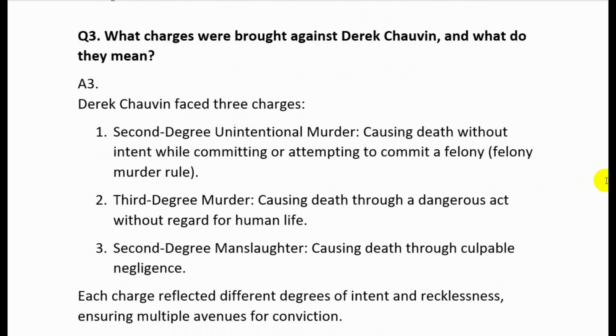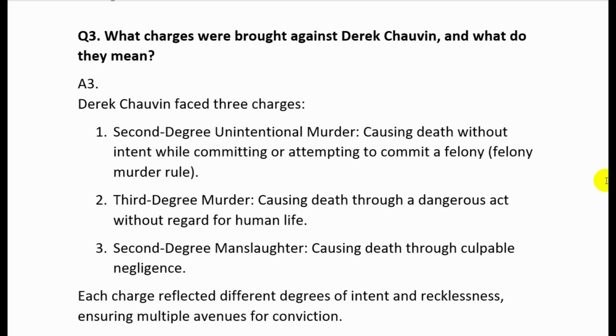What charges were brought against Derek and what do they mean? Derek faced 3 charges. Second-degree unintentional murder, which means causing death without any intent while committing or attempting to commit a felony. Felony murder rule. Third-degree murder means causing death through a dangerous act without regard for human life.